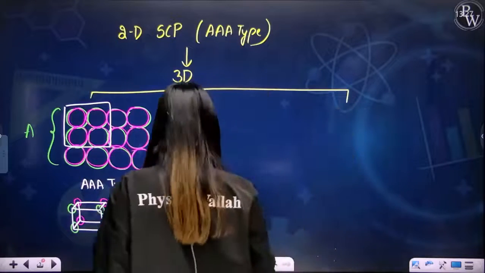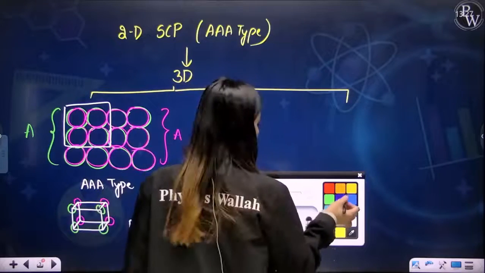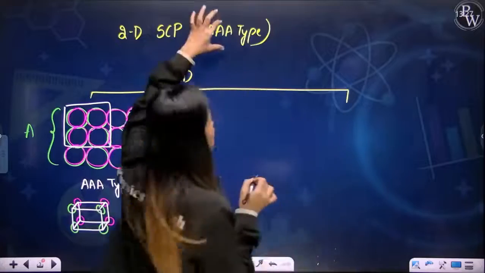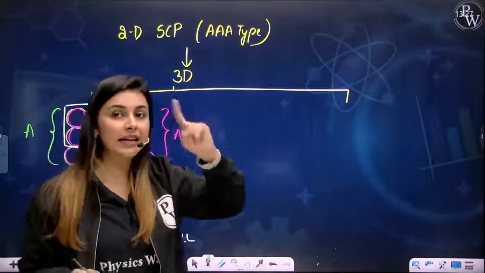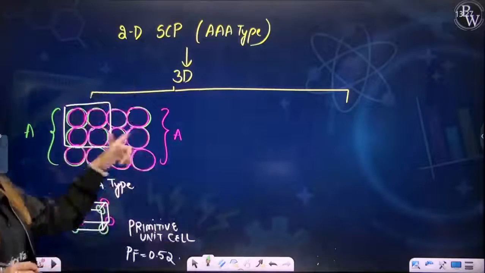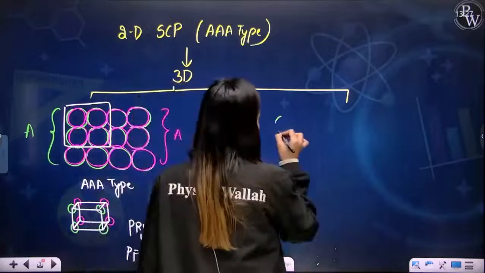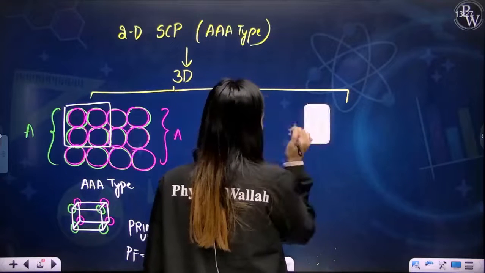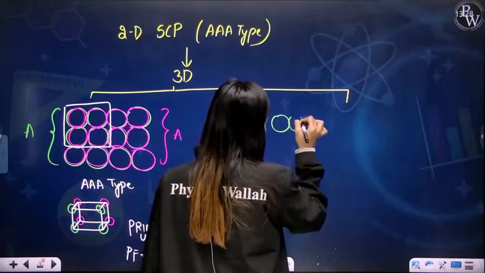Okay, so now what will happen? I have a A layer, I have to use this AA type of layering only, and in AA type of layering, one complete layer has all the same atoms together. Okay, so let's say this layering is something like this. Okay, try to imagine it.